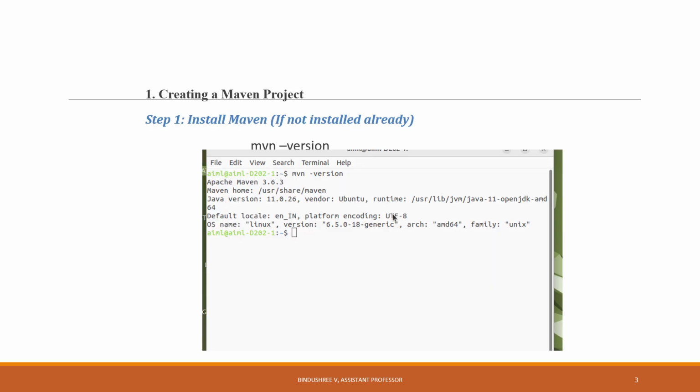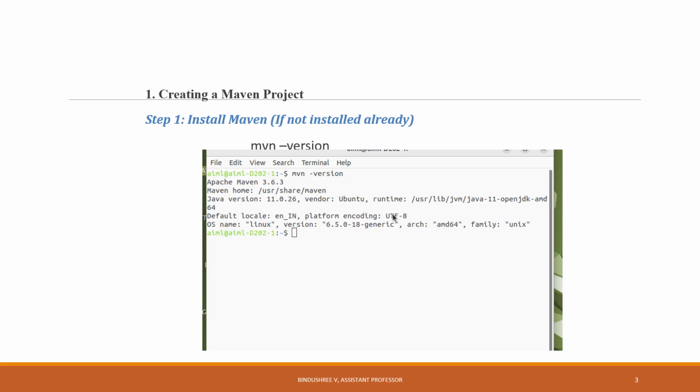So, how do we create a Maven project? Before starting, you should make sure that Maven is installed on your system. You can refer to the previous videos for installation steps, and you can verify that Maven is installed by running mvn -version. We have already done the installation and setup of Maven in the previous lab.